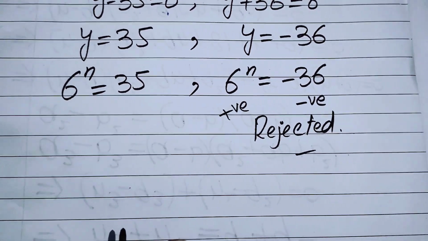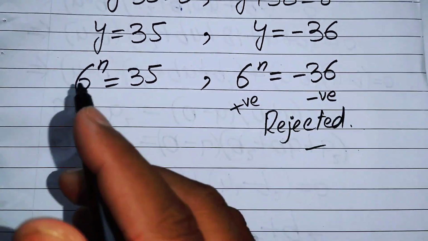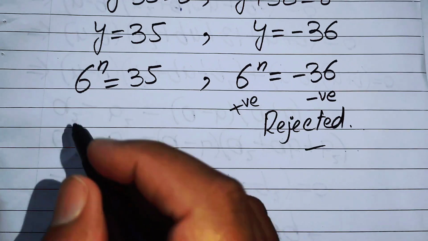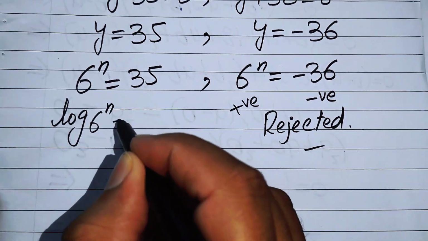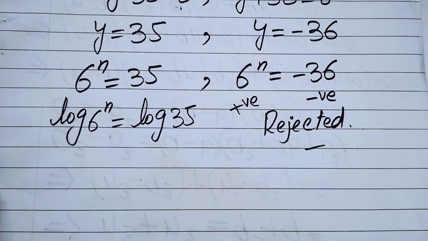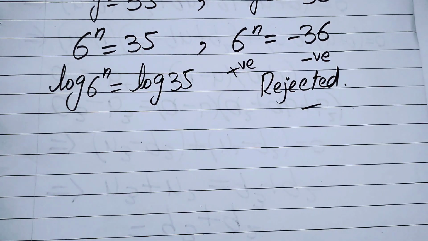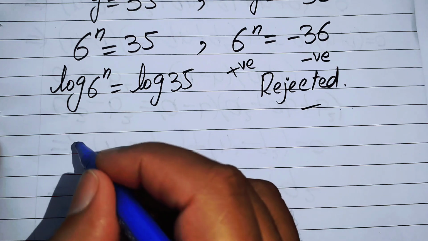So now we proceed with the first case only, and we need to find the value of n, so I can apply the log on both sides. After that I can use the nice logarithmic property, and you know about this property.